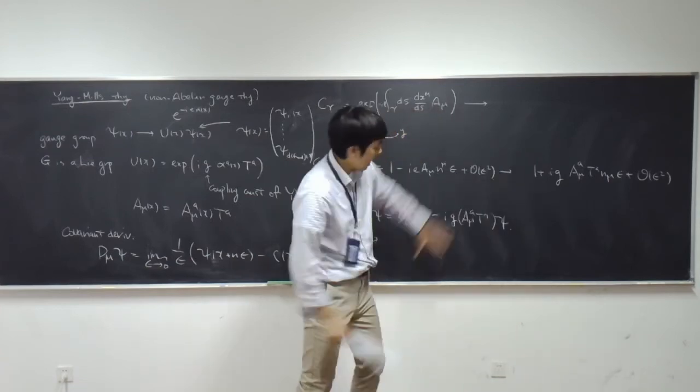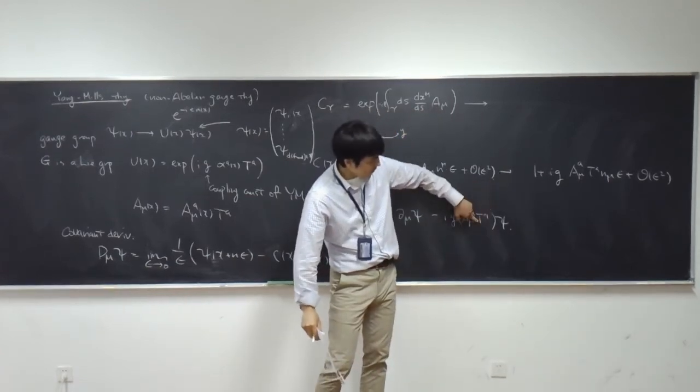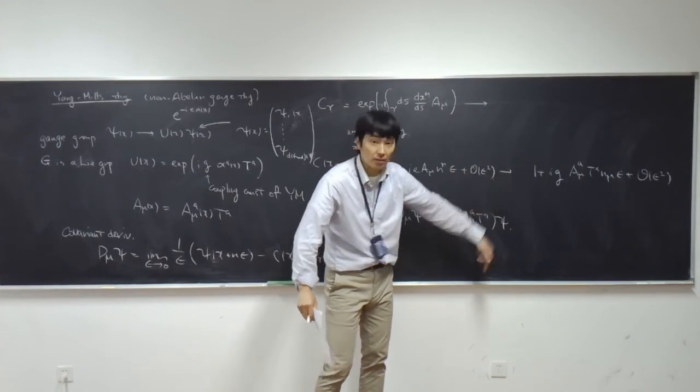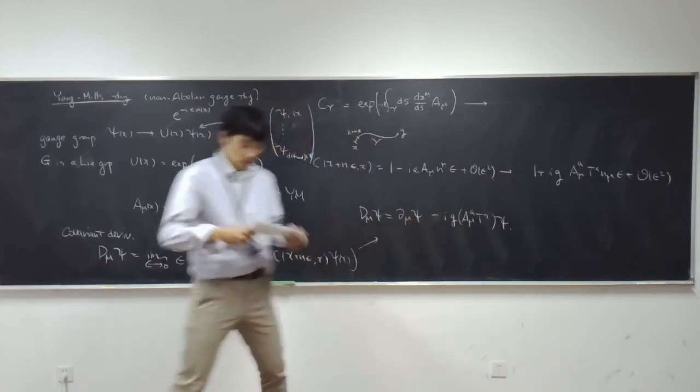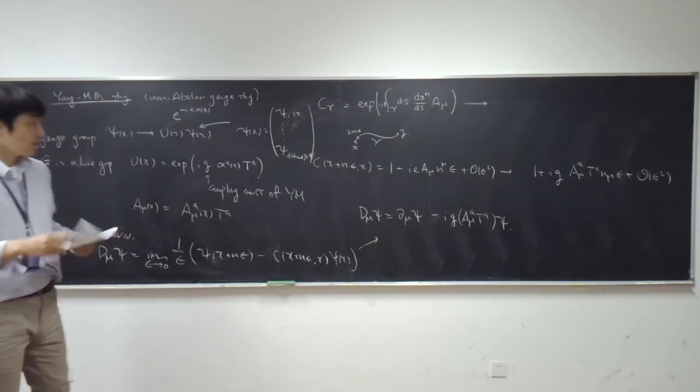So this is now a matrix in the fundamental representation, psi is a vector, and this is also a vector. So this is the covariant derivative one can take.